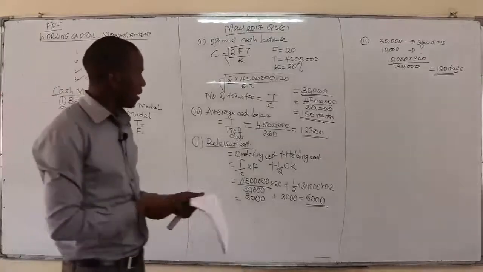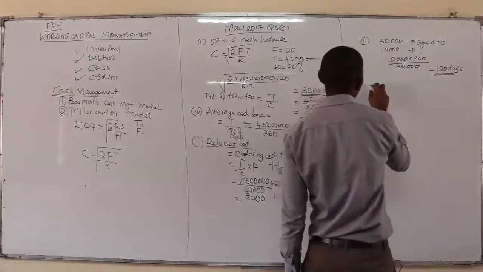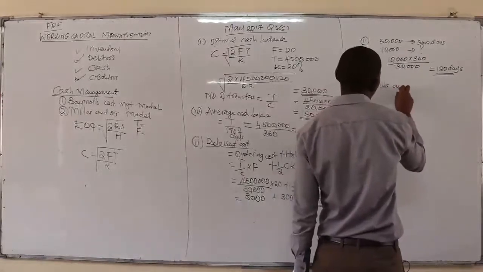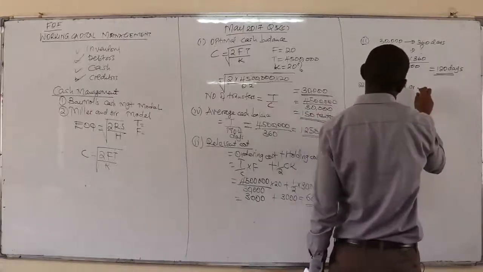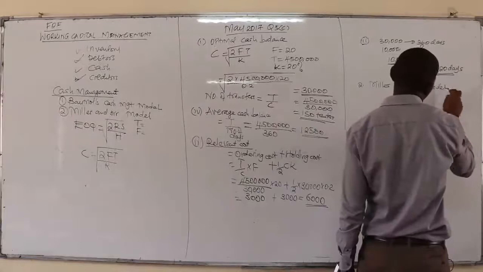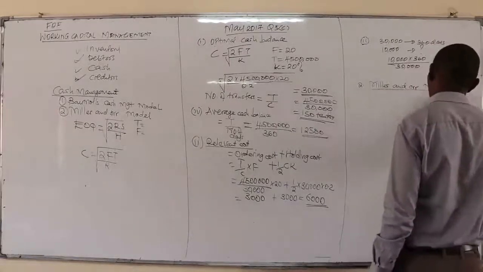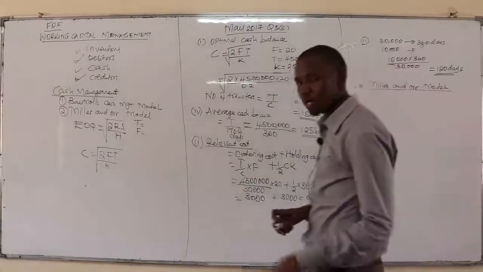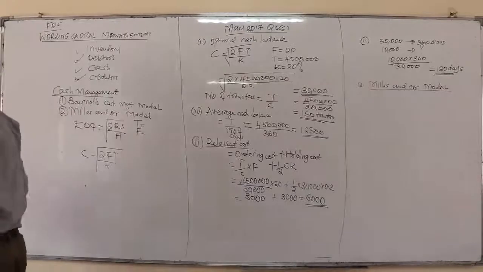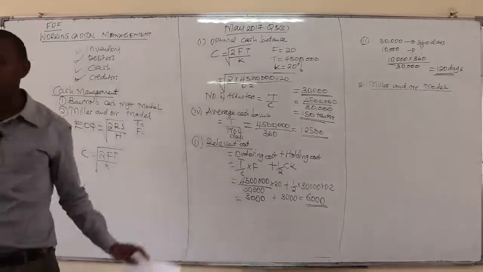So the other model is model number 2, which is now the Miller and Orr model. Now for the Miller and Orr model, in this case it was developed out of the limitations of the other model.